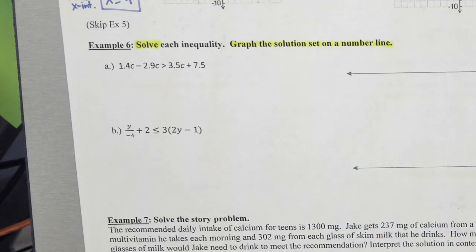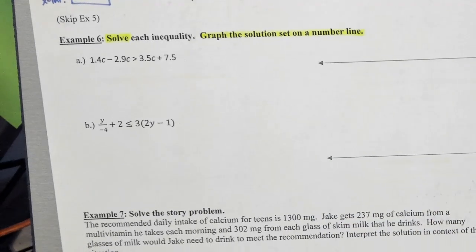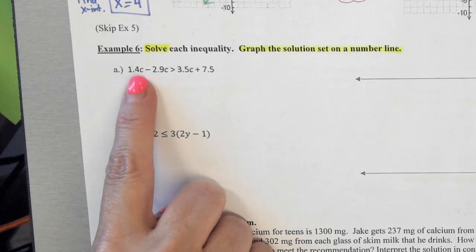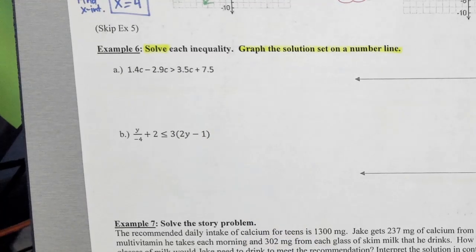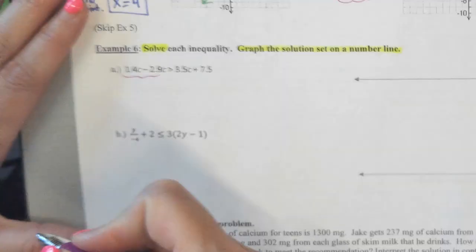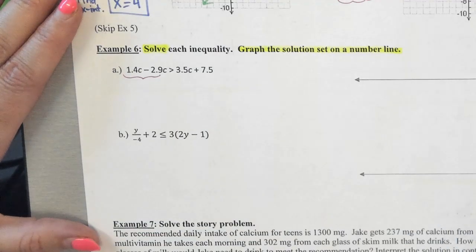Decimals. Okay, so the first thing I would do is, if on one side of the equation you have like terms, combine those together. So you have 1.4c minus 2.9c. I would just get those together first. You can do that in your head if you're good at mental math.